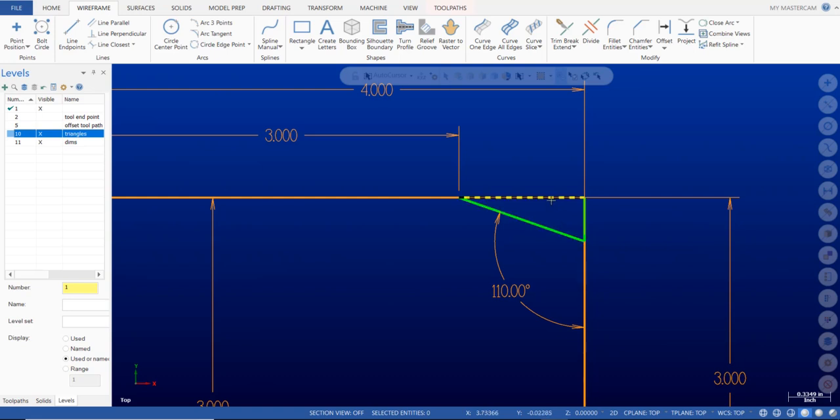So we know we have a 1-inch leg and we have a 20-degree angle. So now we have 2 pieces of information to calculate the length of this third leg or opposite leg. And that is the information we're going to need to make our toolpath come from this intersection right here to this intersection right here. So let's see what formula we would actually use to calculate the length of this side.